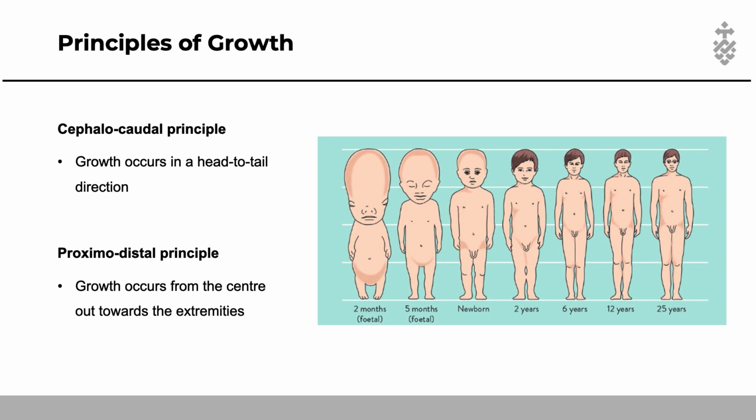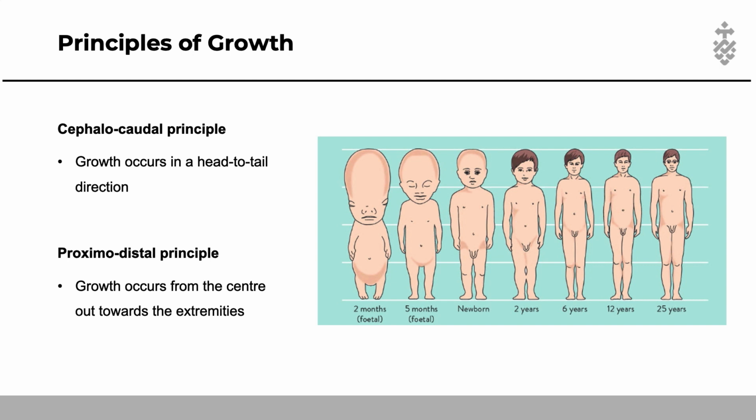This is also the same for our limbs. So when you have a little baby, if you look at that first picture of that little alien baby with that massive head, the limbs are quite short in comparison to the body. So the legs account for about 38% of length at birth, and then they end up accounting for 50% of adult height.